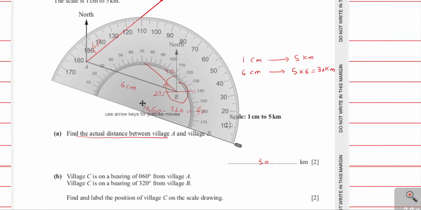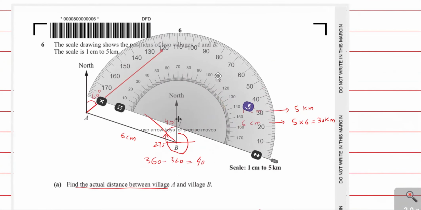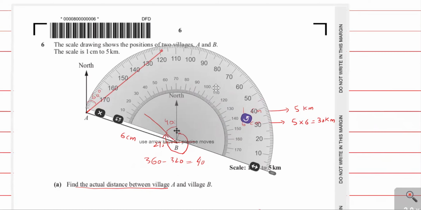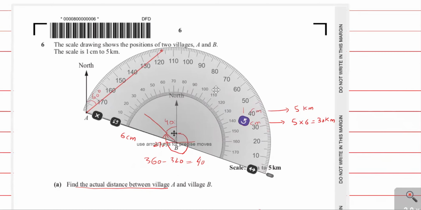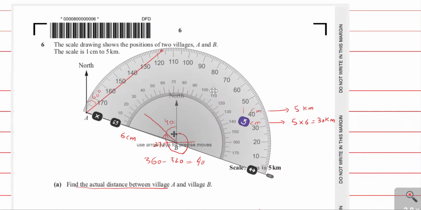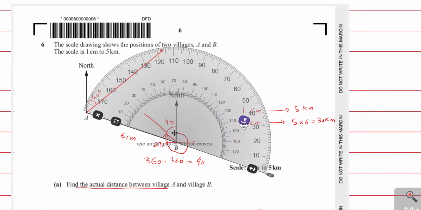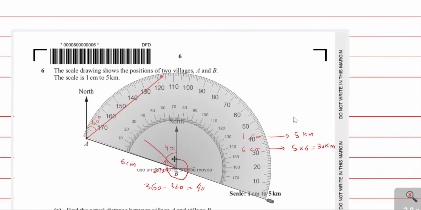Look here, we take the angle 40 degrees. This is 0 degrees on the baseline, then next 10, 20, 30, and 40. This angle will be a 40 degree angle.